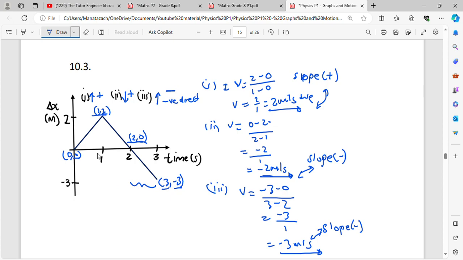And here, the displacement increases for 1 second, then decreases for 1 second in the positive direction, and then starts increasing in the negative direction for another second. So that will be the description of the motion.